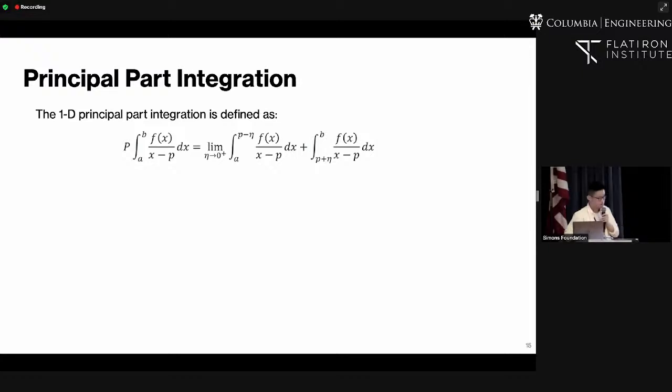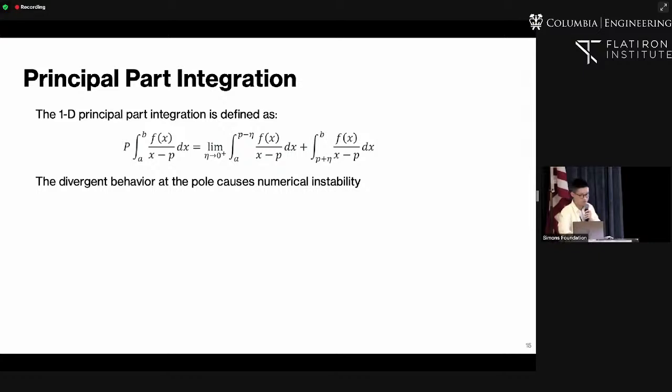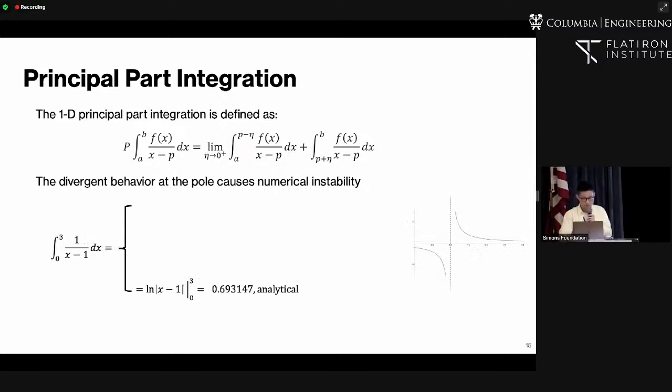This is just a definition of the principal part integration for one dimension. It basically means that if in the integration region there are some poles, you will just skip these poles when you do the integration. And why is it problematic for numerical evaluation? We can appreciate that from this simple function, 1 over x minus 1, integrated from 0 to 3. That's basically how this function looks like.